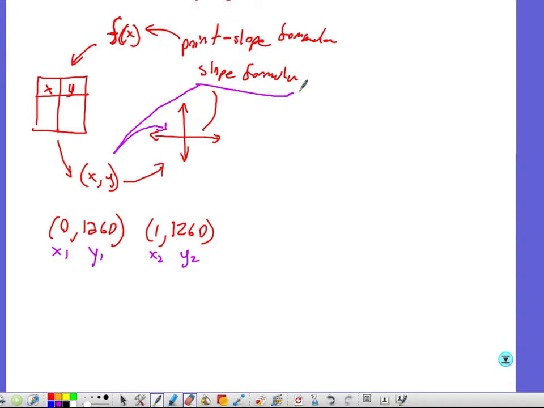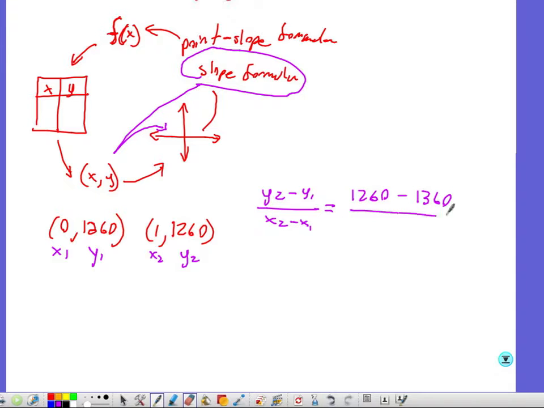What this allows us to do is, we don't need to graph this once we have our ordered pairs. We can go to the slope formula in order to find the slope. So the slope formula, remember, is y2 minus y1 over x2 minus x1. And so basically y2 is 1260 minus y1, which is 1360, divided by 1 minus 0.